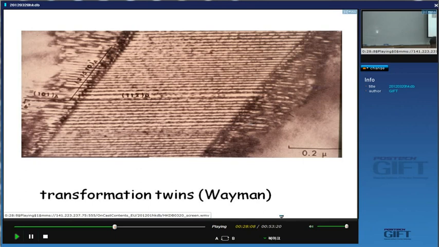The interface reverses without producing defects. If it produces defects like dislocations, then the interface would become blocked and you lose your memory effect. And that's why eventually, when you reverse a memory element many, many times, it loses its memory because the defects interfere with the movement of the interface. So martensite which forms perfectly will not contain a high dislocation density.